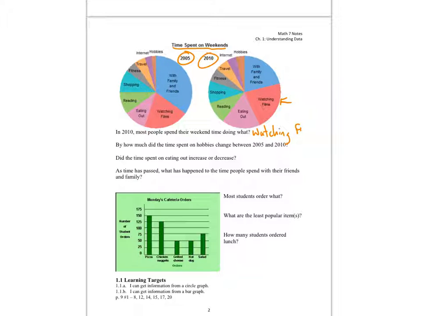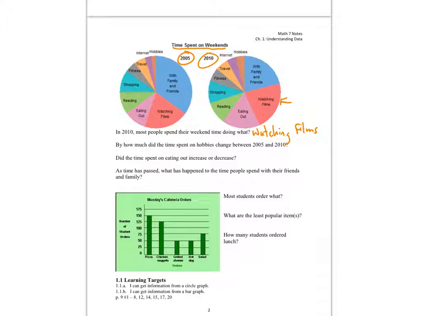Some of you might argue the blue one looks bigger just because of this little sliver, so maybe I should have picked a different chart. Hobbies kind of blends in there on your black and white copy.